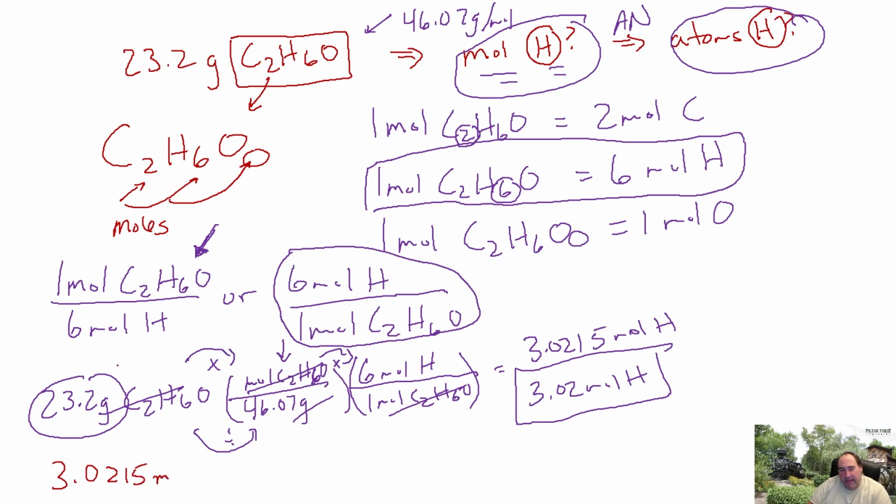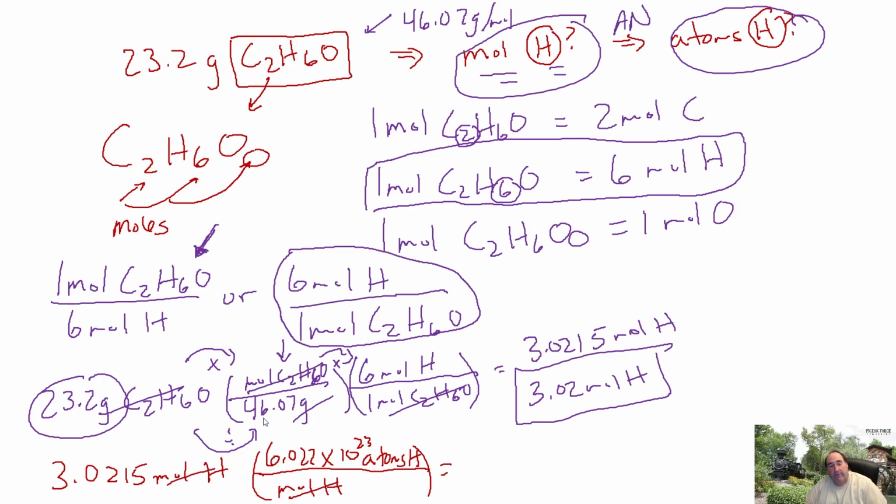I'm going to take a few digits out for this, again not using the rounded version. And I'm going to use Avogadro's number here. Moles are up on top, which means moles of hydrogen will be on the bottom, and 6.022 times 10 to the 23. And these would be atoms of hydrogen, as we're dealing with atoms. Moles will cancel. That's our Avogadro's number.